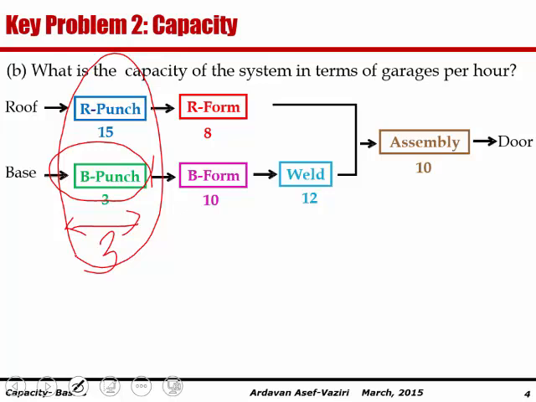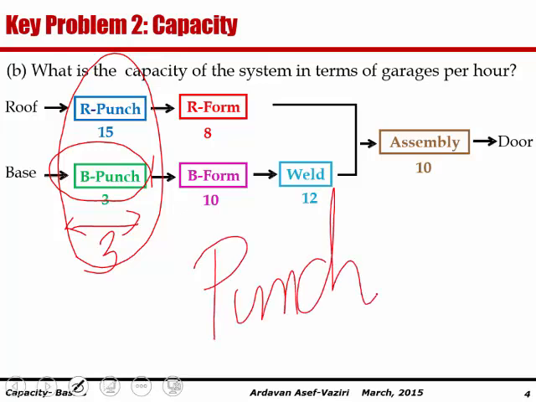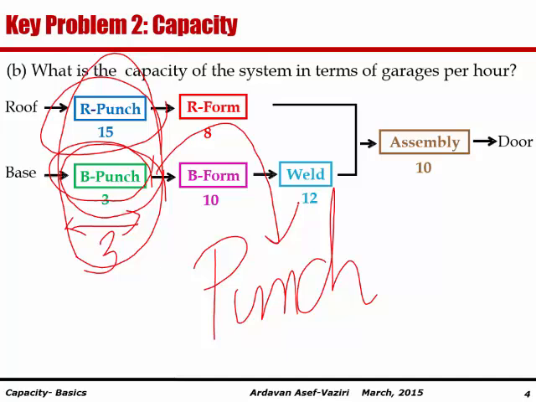If the 2 activities of B punch and R punch were both assigned to one single machine, suppose the name of the machine was punch, then the activity of R punch was 15 minutes and the activity of B punch was 3 minutes.